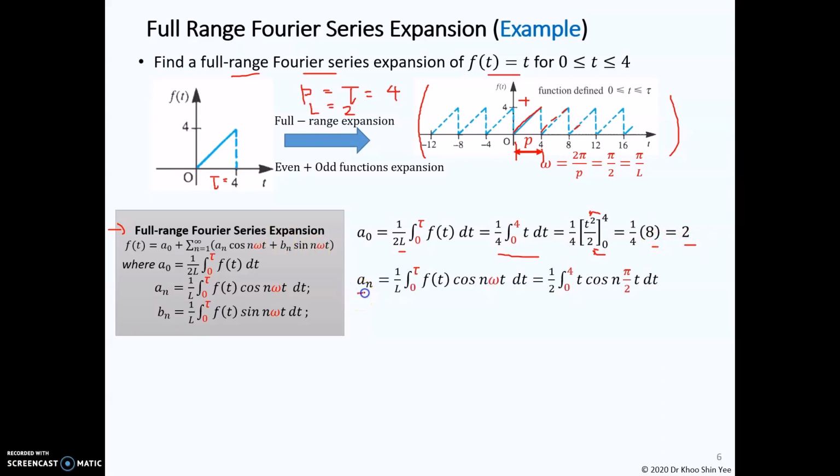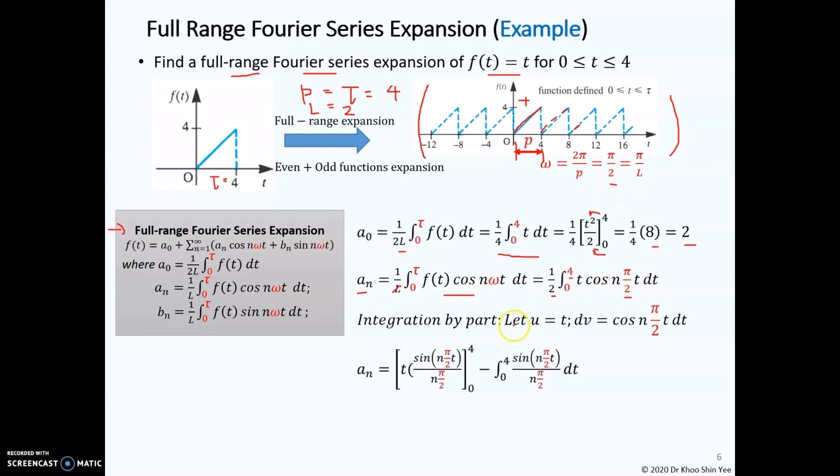We continue to find the an by using this formula. Substitute L equal to 2 inside, tau equal to 4, and then omega equal to pi over 2 here. Then we need to solve this integration. We can solve this by using integration by parts. Let u equal to t here, and the remaining term to be dv. Differentiate u, you obtain dt, and then integrate dv, you obtain v.